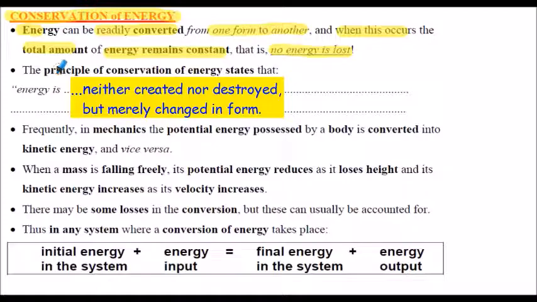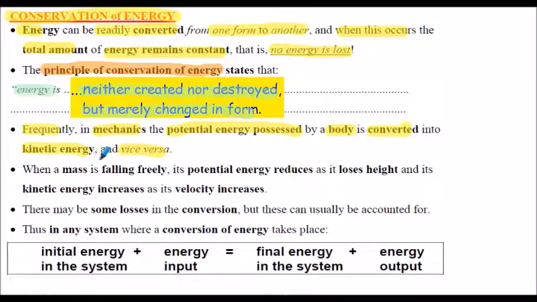The principle of conservation of energy states the following. Energy is neither created nor destroyed, but merely changed in form. So frequently in mechanics, the potential energy possessed by a body is converted into kinetic energy, and vice versa.